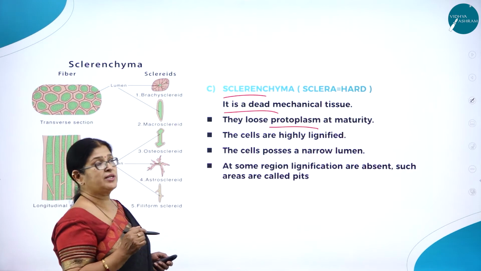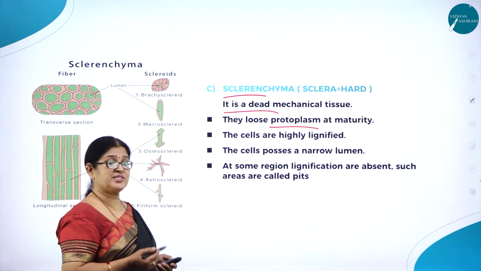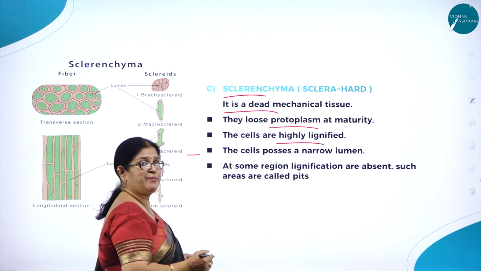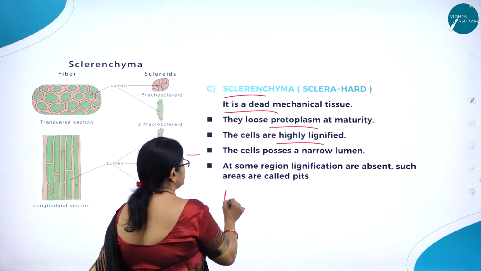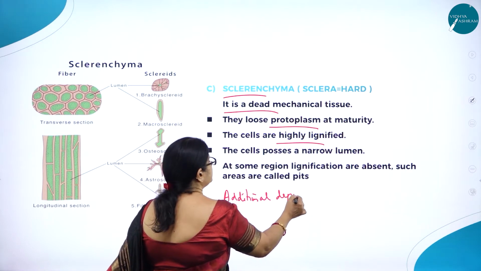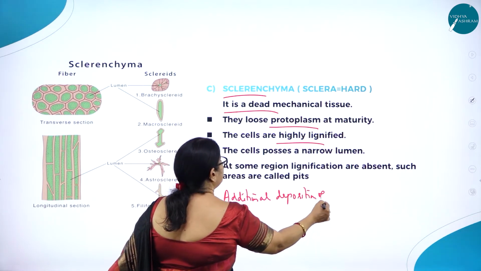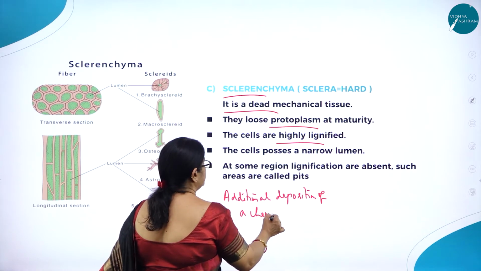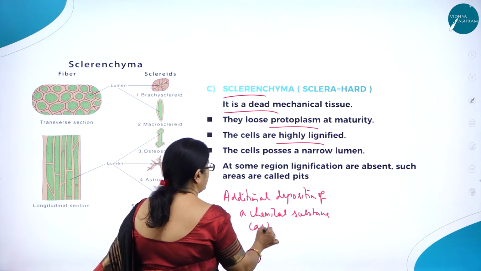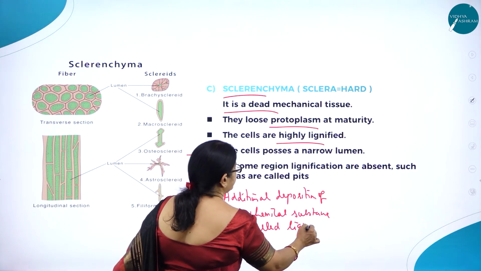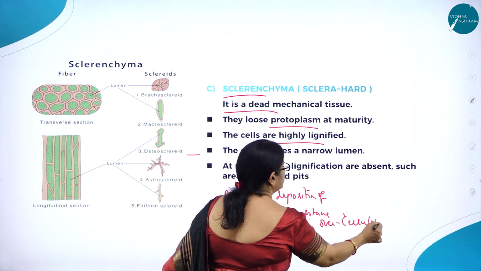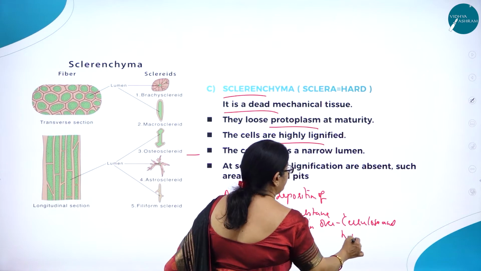Now let us understand what are the characteristic features or cytological features of sclerenchyma. The cells are highly lignified. What do you mean by lignification? So there is an additional deposition of a chemical substance called lignin over cellulose and hemicellulose.